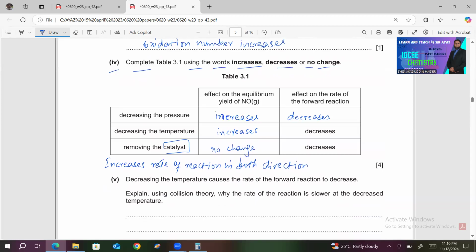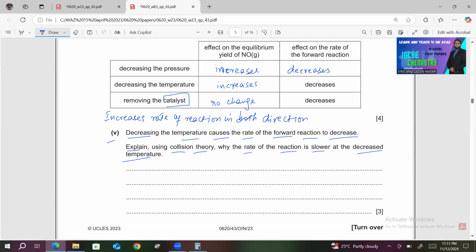Part F, sorry, 5. Decreasing the temperature causes the rate of the forward reaction to decrease. Explain using collision theory why the rate of the reaction is slower at the decreased temperature. Now, definitely this decreases the kinetic energy. So you write the kinetic energy of particles decreases.